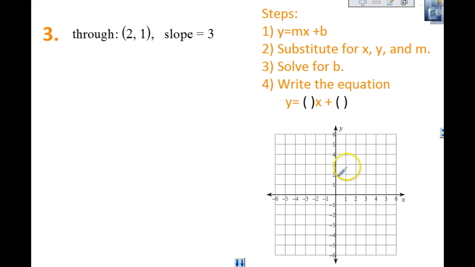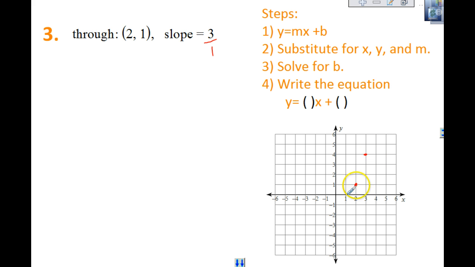You were to go to the point and say that's (2, 1). And then you had to use the slope to come up with some other points. So you had to know that this is 1 up, 3 right, one. And we had to know that, well, that's going the wrong direction.